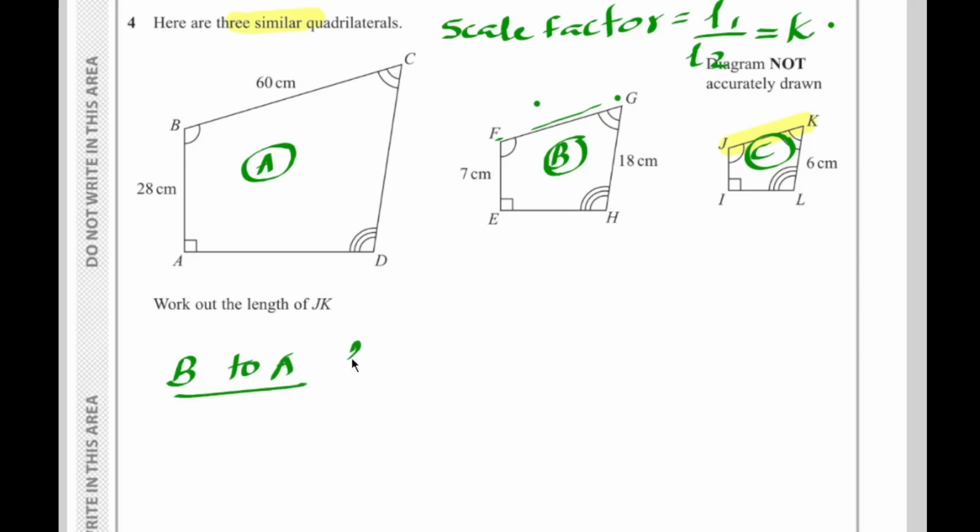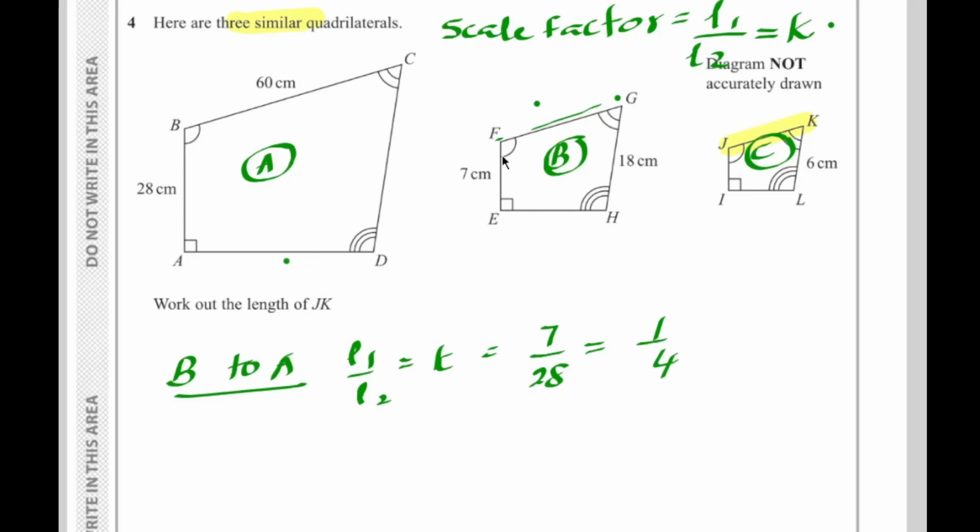So let's write L1 over L2 equals K. So I'm writing L1, let's write 7 centimeters. And L2, you have to get the corresponding length for this one, which is 28 centimeters, which becomes 1 over 4. Now we have the scale factor B to A from this one to this one.